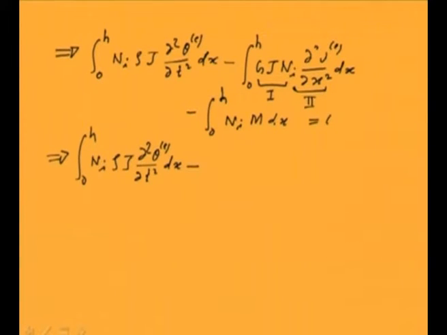So here the first term will remain as it is, then integration of the second term from 0 to h, h is the element length, plus GJ.